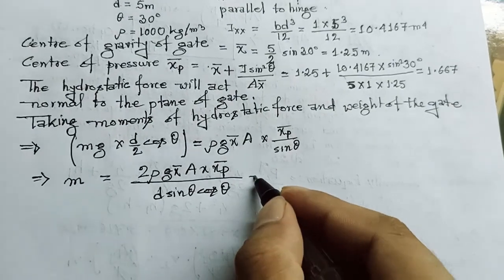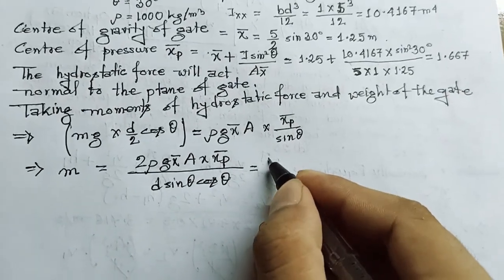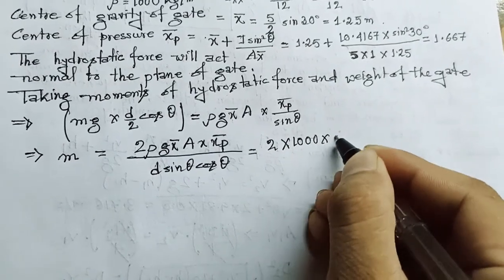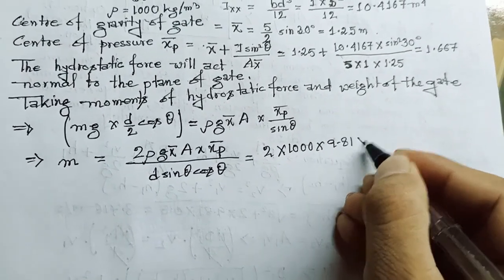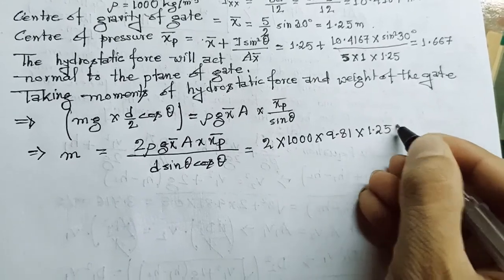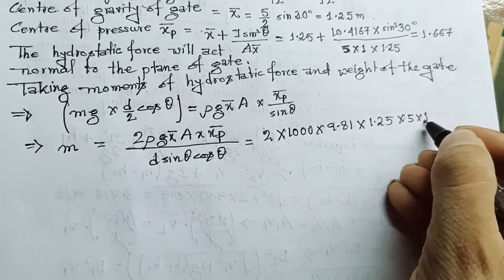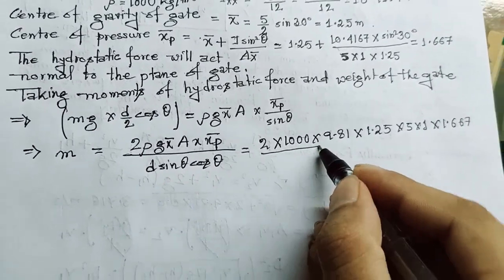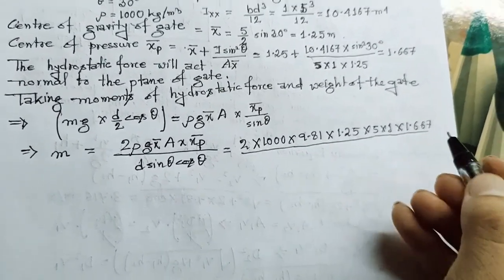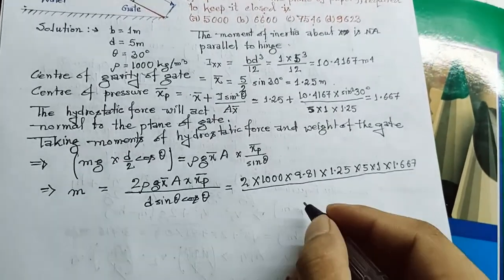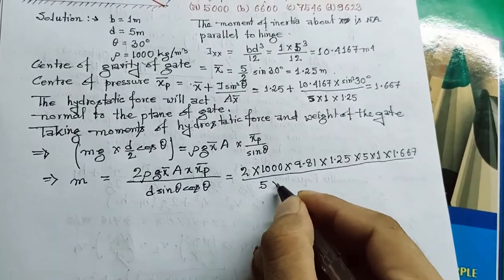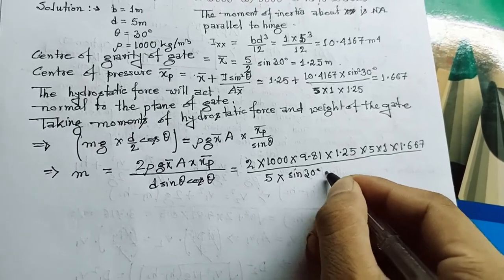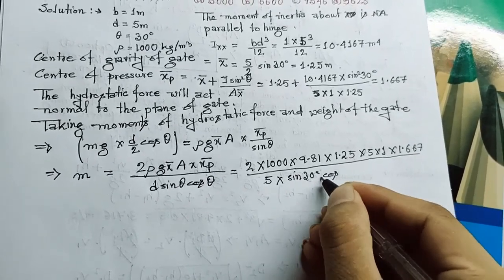If we put all the values, it will give us 2 into 1000 into 9.81 into 1.25 into 5 into 1 into 1.667 divided by 5 into sin 30 degree into cos 30 degree.